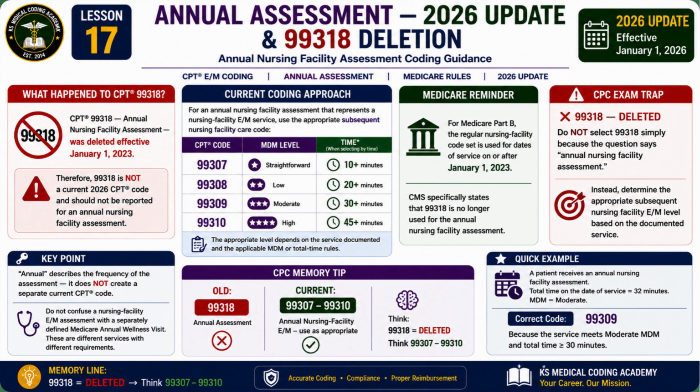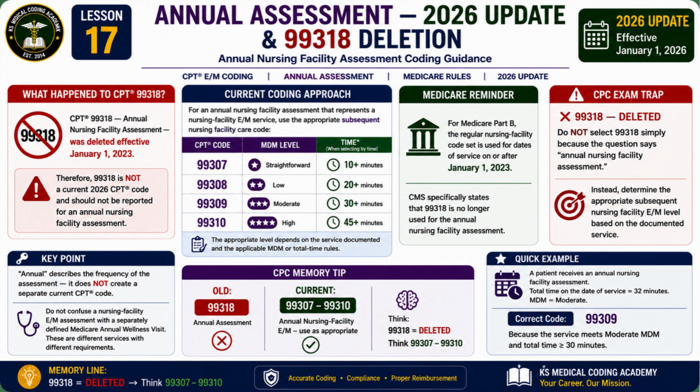Remember that the word annual describes the frequency of the assessment. It does not create a separate current CPT code. For CPC preparation, memorize this: 99318, deleted. Current approach: think 99307 through 99310, as appropriate. And always verify the documentation, applicable CPT guidelines, and payer requirements.